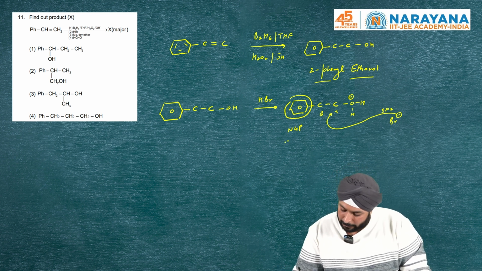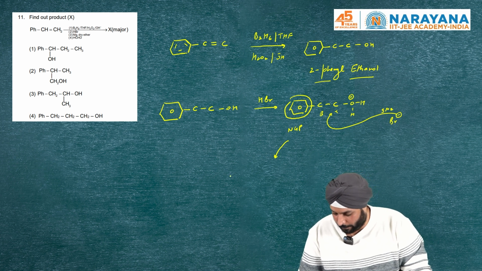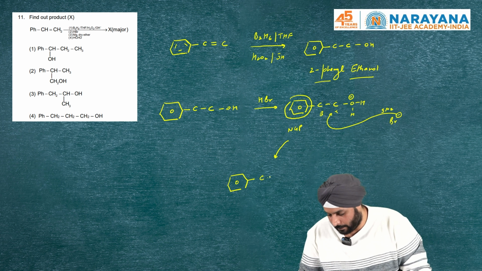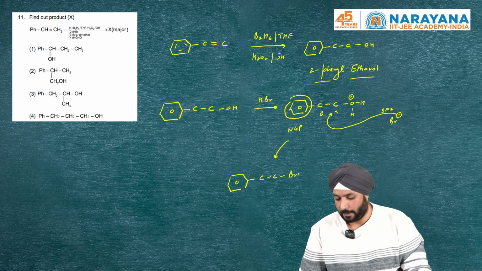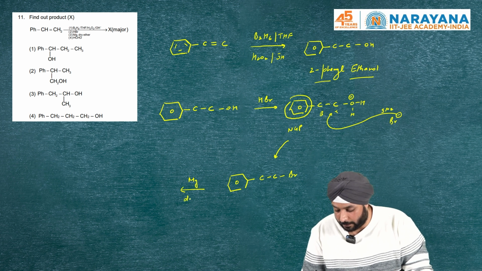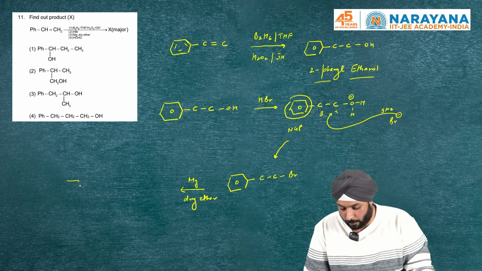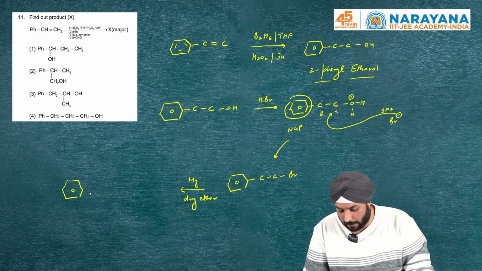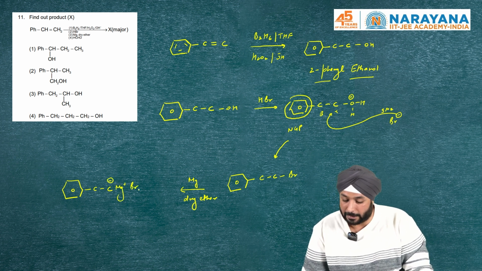Right. So the major product which I'll be getting over here will be, and after that you'll have magnesium ether, where we will be getting C minus Mg plus Br, this Grignard reagent.